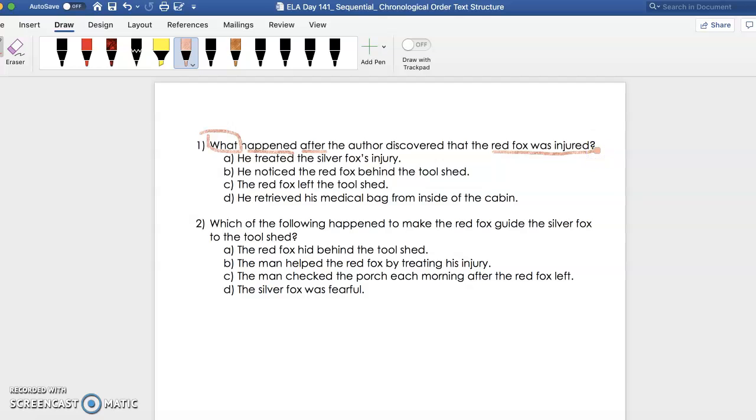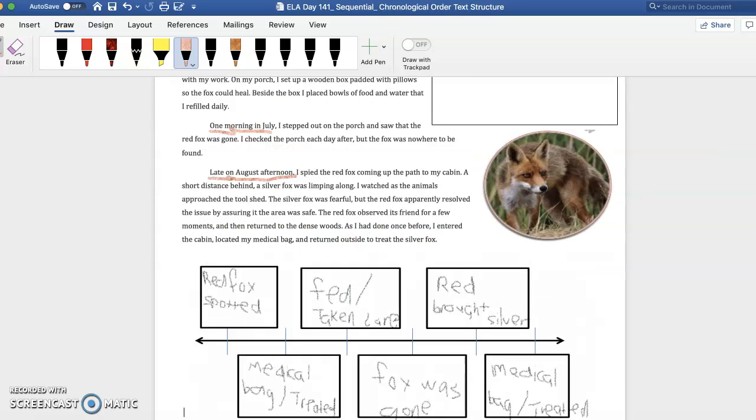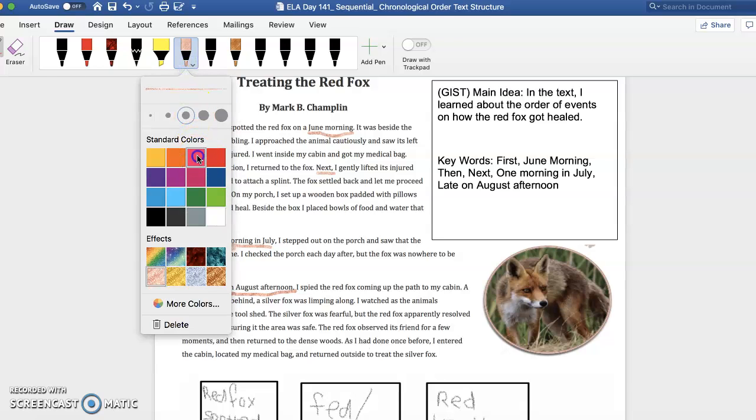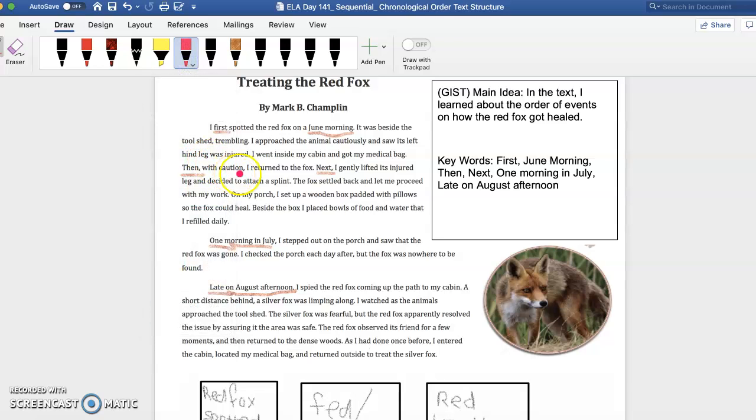So guys, when you are looking at these questions, you have to go back to the text. So we're going to go back to the text and we are going to underline. I'm going to use a different color for this, where we see what happened.